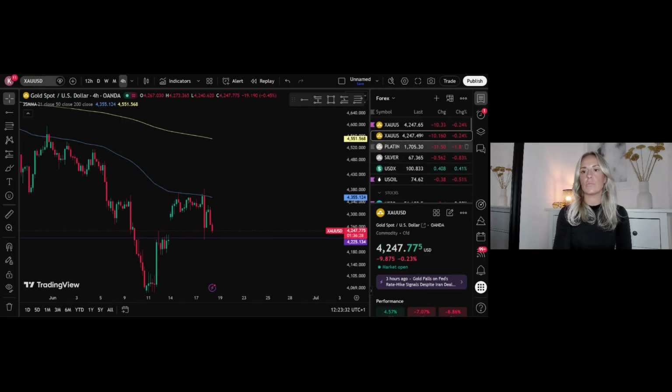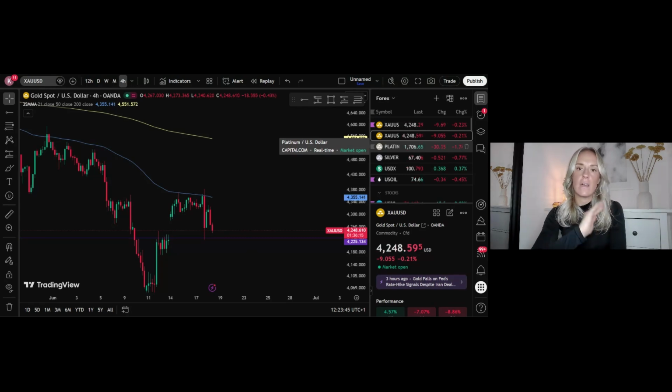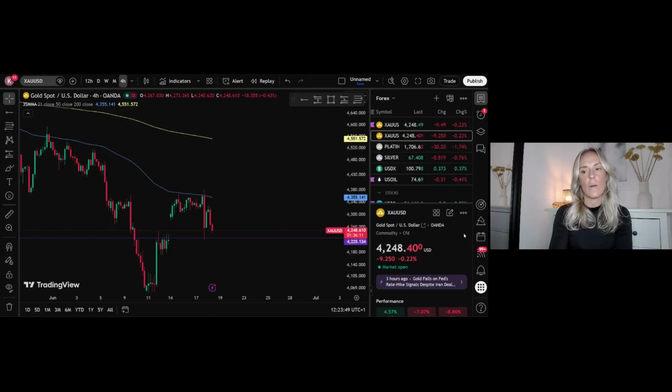My suggestion would be to pick one or two and really get to grips with that pair, study it, analyze it, watch what it does, and then add on from there. I wouldn't even be adding more pairs. I would literally stick to one or two until you actually understand and grasp trading, because it just becomes completely overwhelming.